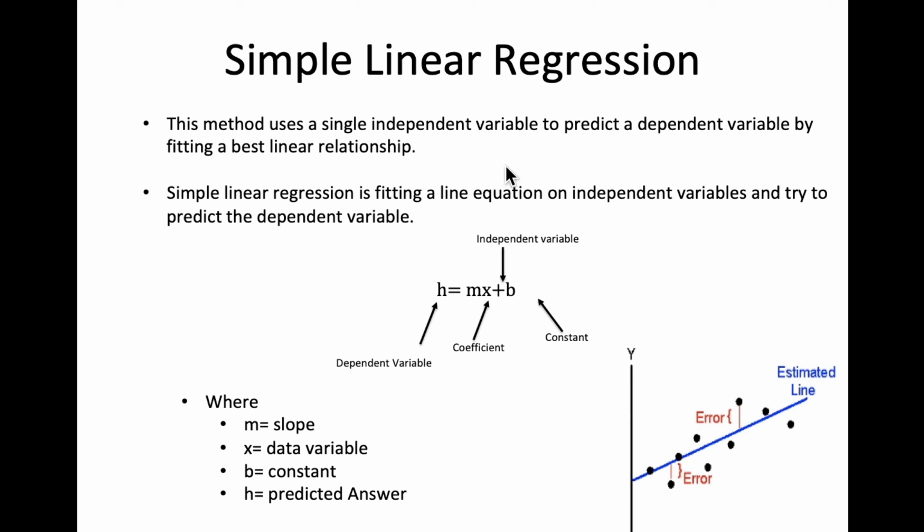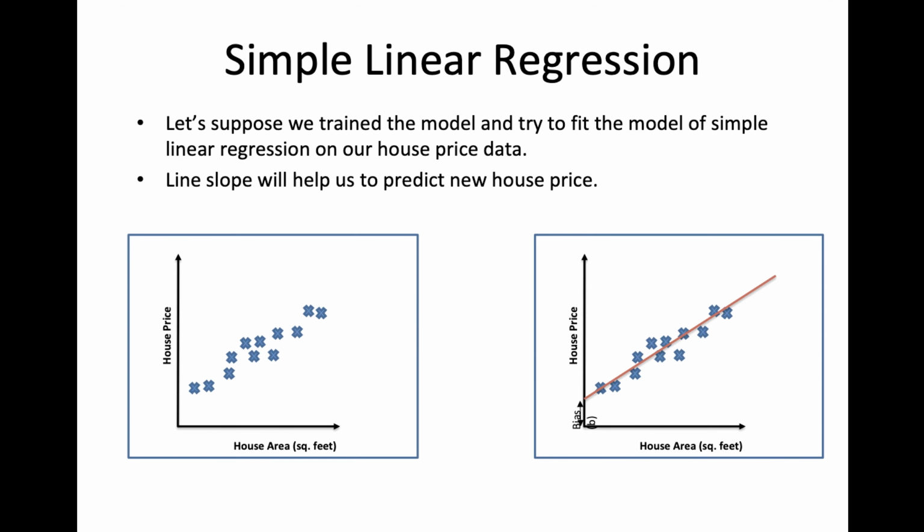So in simple linear regression, we have one independent variable, and that is used to predict the value of one dependent variable. As you can see, this is the estimated line, and the difference between the value over here and the actual y value is the error, and we want to minimize that.